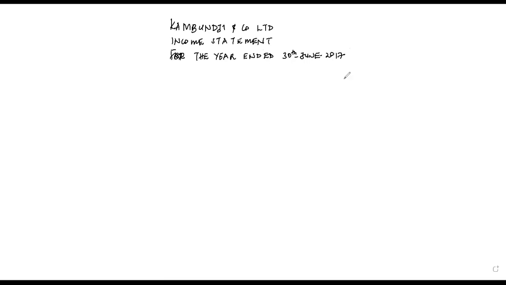You have to come up with that heading. Let me try to underline it. Underlined very well.